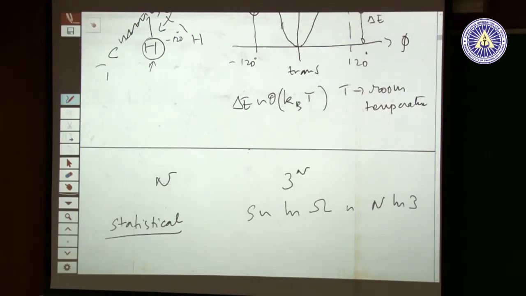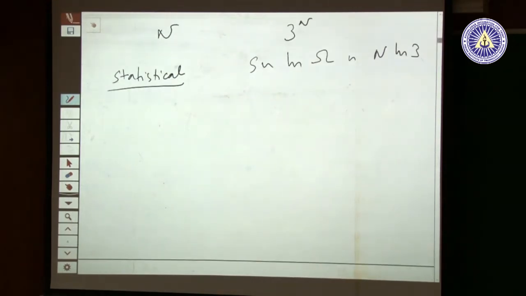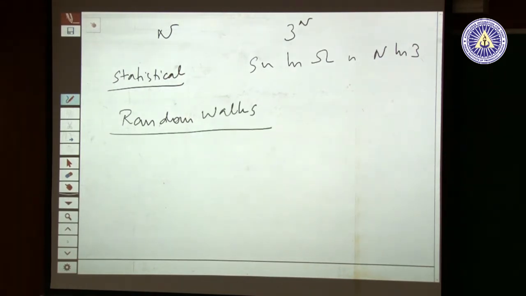So, physicists and mathematicians understand such configurations as random walks, and so for these reasons, for the simplest configuration of a polymer chain, one uses the idea of random walks. Okay, and so let us look at some examples of random walk models for a polymer chain, and one of the simplest of them is the so called freely jointed chain.